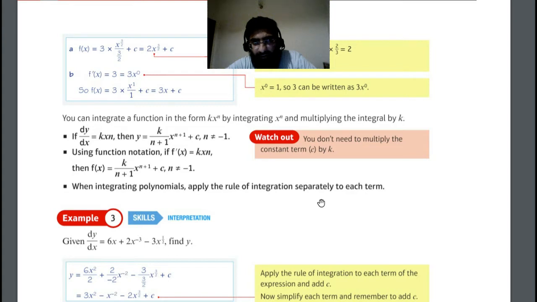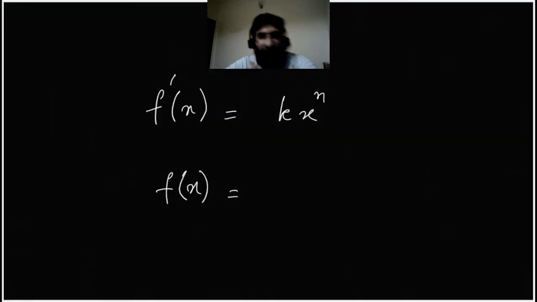Can you annotate? Okay, on Jamboard. No need to annotate, we'll be using Jamboard.